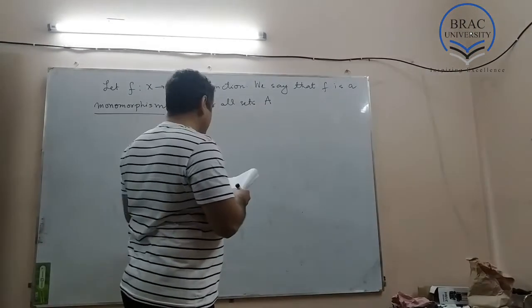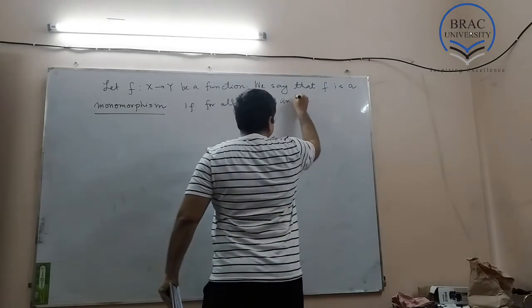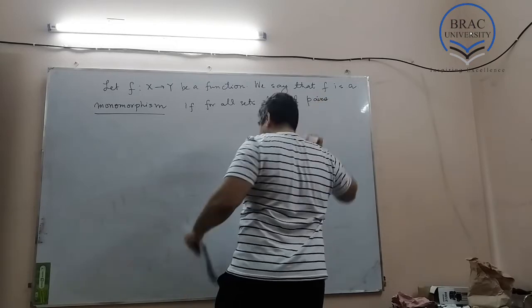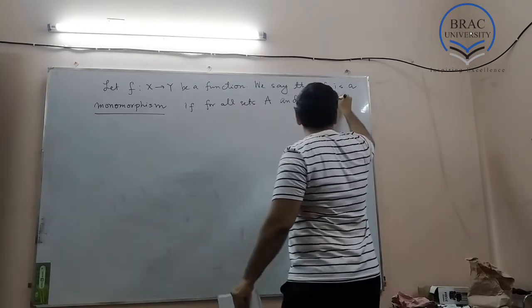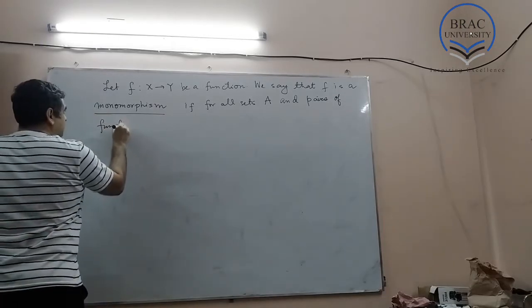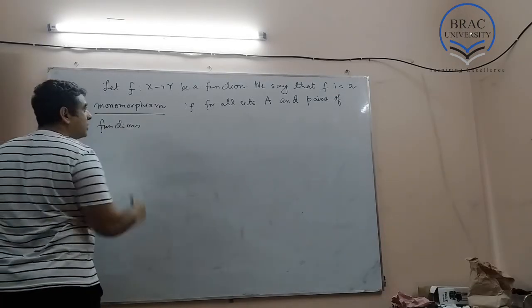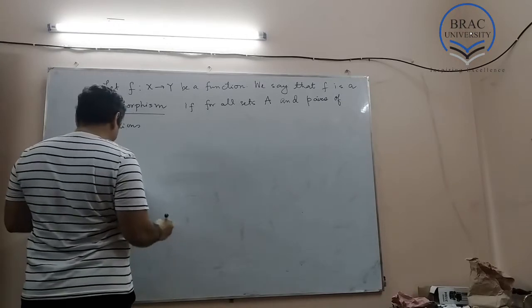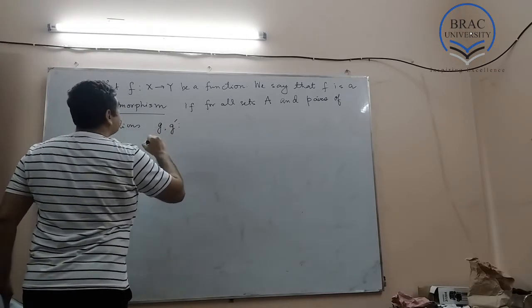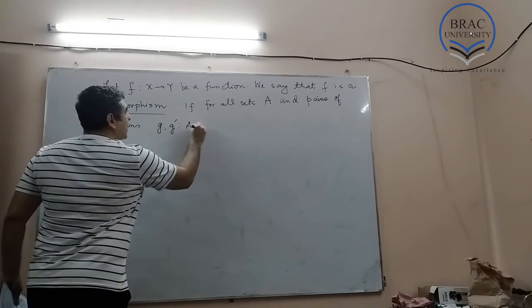For all sets A and pairs of functions, which we also call parallel arrows, g and g prime from A to X.